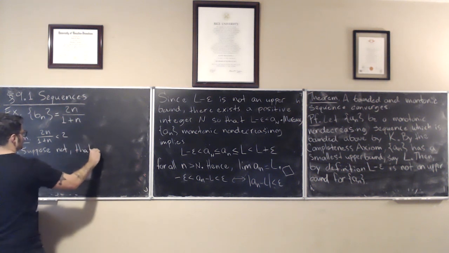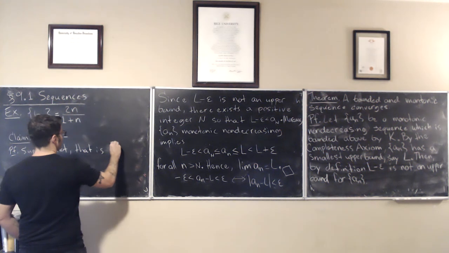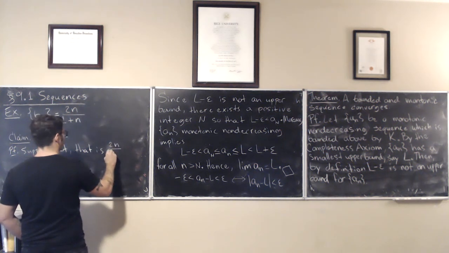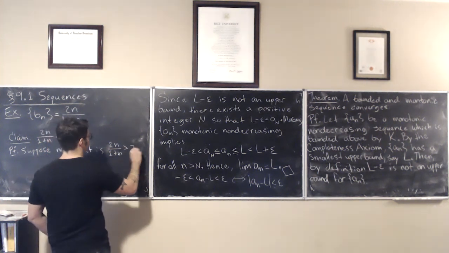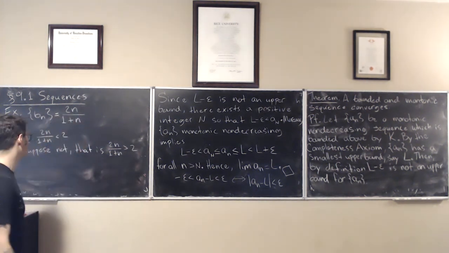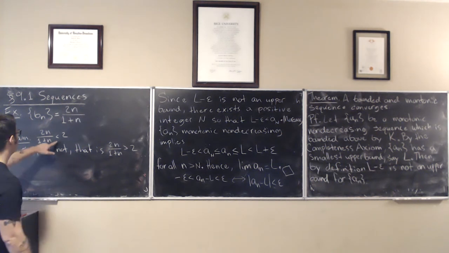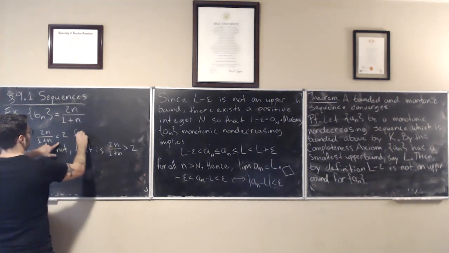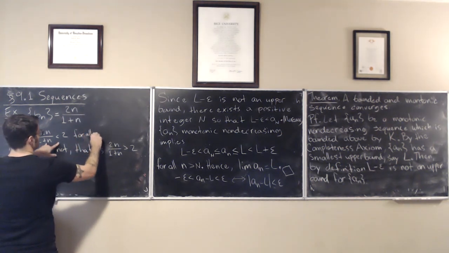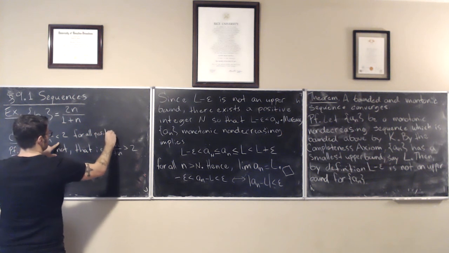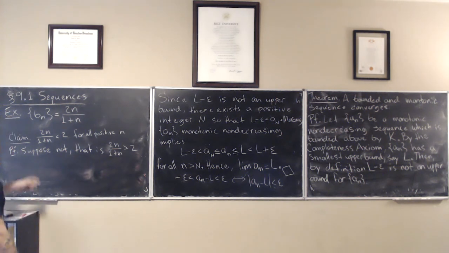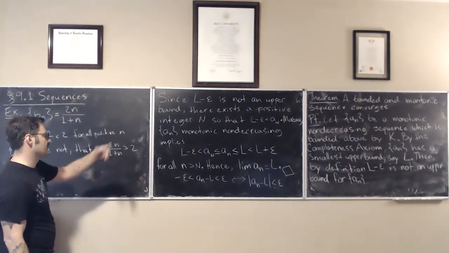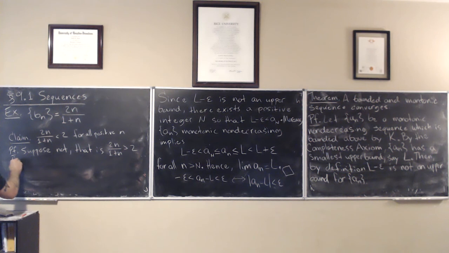That is, 2n over 1 plus n is greater than 2 for some integer n.